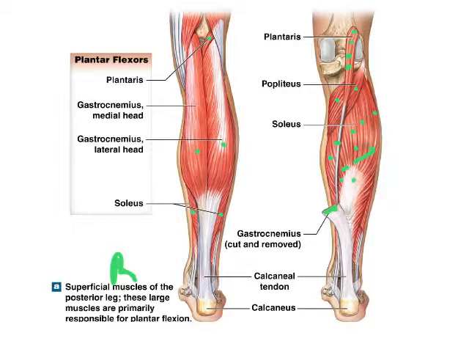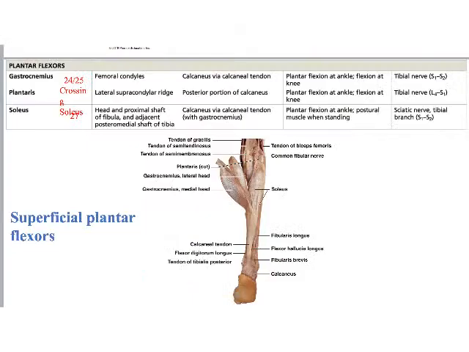So plantaris, soleus, and gastrocnemius. Those are the three new ones that you're really learning, and these are all plantar flexors. Some of them also cause flexion at the knee because they're so long and they attach across the knee joint.